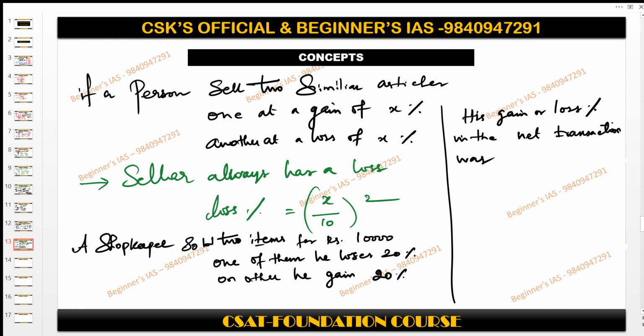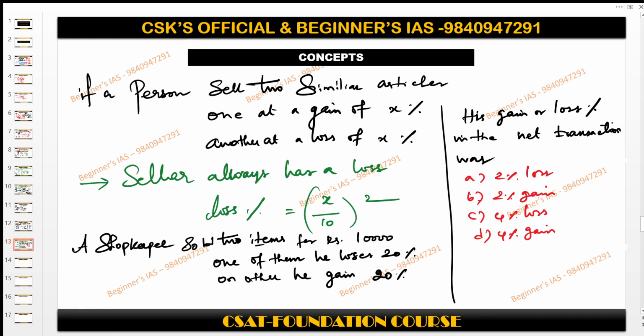Net transaction was? So 4% loss. Yes, of course, 4% loss. See, don't bother about the options. They will give you options: 2 percentage loss, 2 percentage gain, 4 percentage loss, 4 percentage gain. Simple, listen.